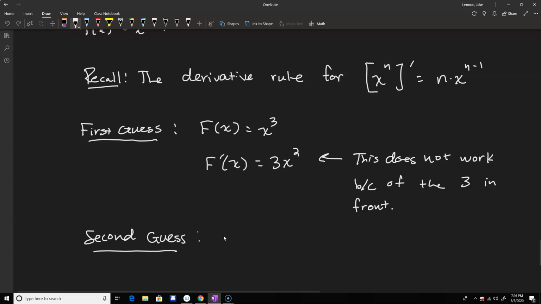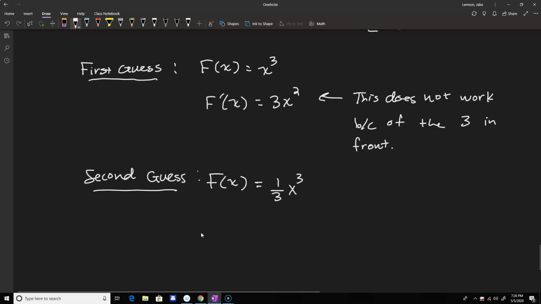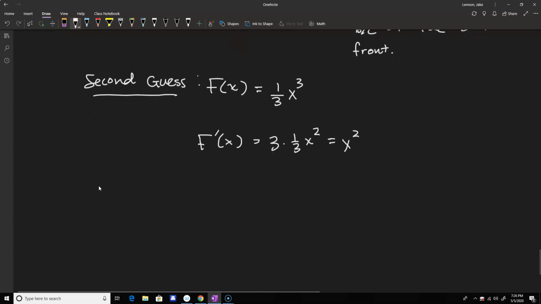So our second guess, how would we adjust? If we know the 3 is going to come down and multiply, maybe we do a third of that value, 1/3 x cubed. And this works, right? F prime of x is then 3 times 1/3 x squared. The 3 and the 1/3 cancel, and we just get x squared. So this works.